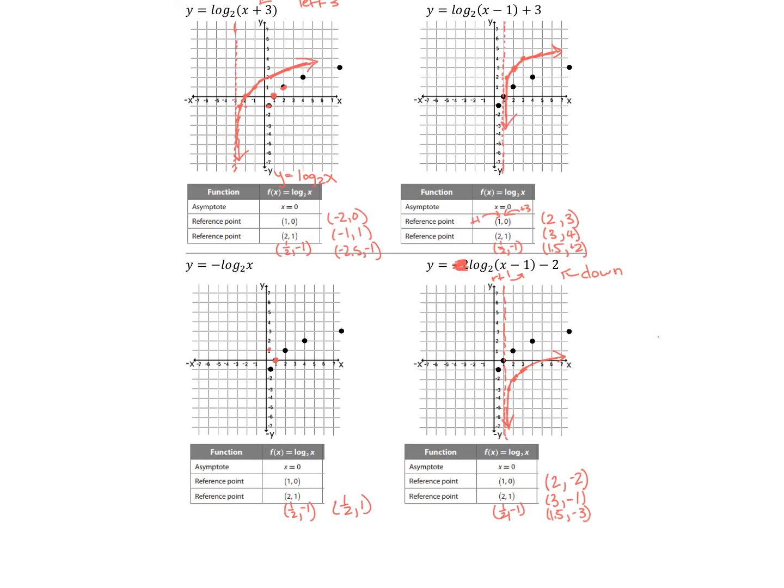So it will be above my x-axis when it reflects up. And my 2, 1 will reflect down to 2, -1. And when I connect my points, I basically get a reflection in my x-axis. This is what happens when I multiply my log by a negative and I reflect it down.